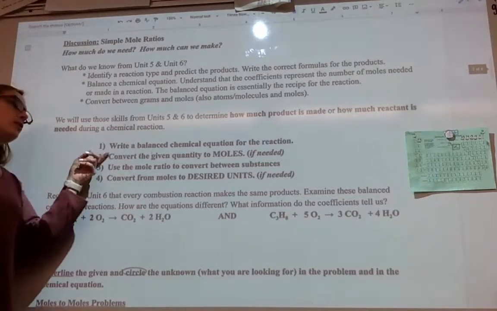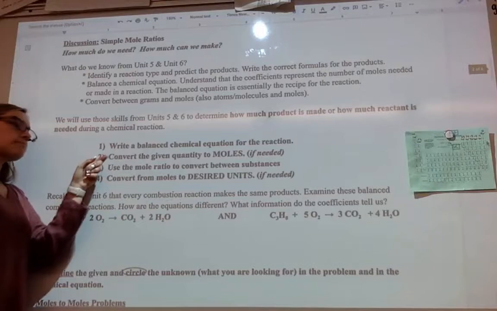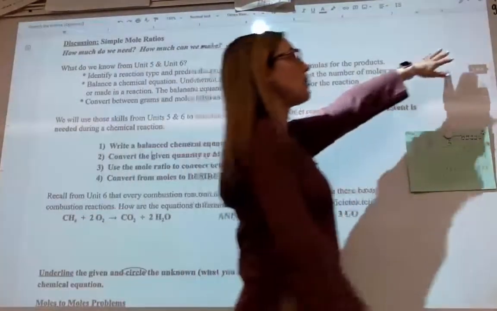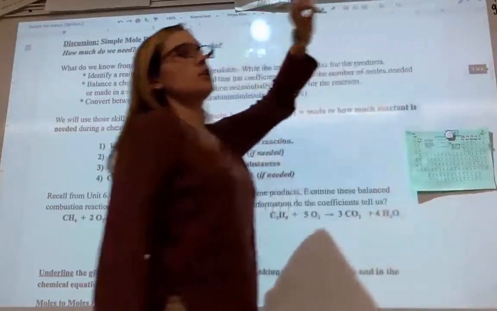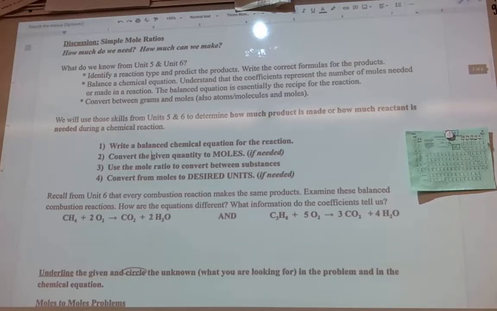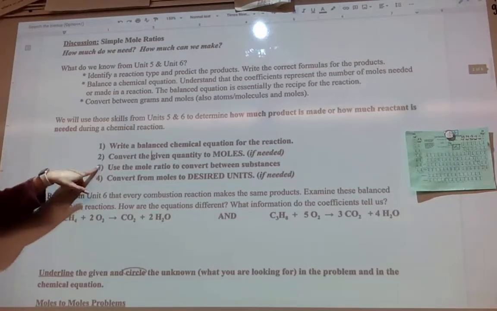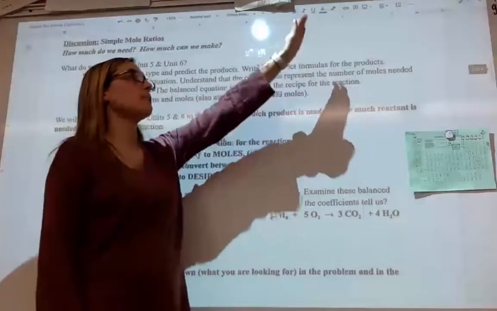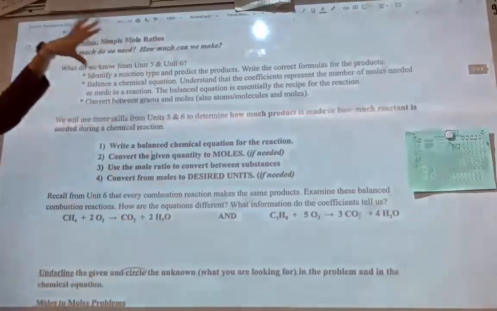Once you have your balanced equation, then whatever given information you have, just like we had to do up here, make sure your given information is in moles. If it's not in moles, convert to moles. Then we use the mole ratio to go between substances. So that's why that balanced equation is important. What we did before is we just went between grams, moles, and particles of the same substance.